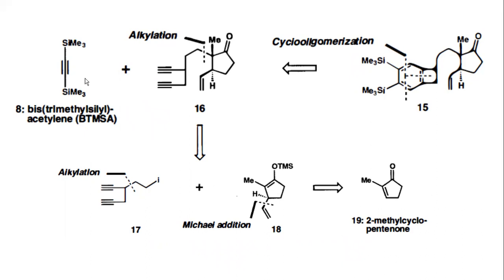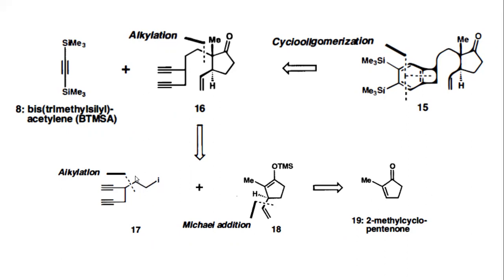After the cyclization, or you can say cyclooligomerization, you will get this bis-trimethylsilyl acetylene and this type of derivative after the alkylation or cleavage at this position, which further you can cleave by Michael addition reaction, and you will get the methyl cyclopentanone, and this acetylene derivative, and further this alkylation part.